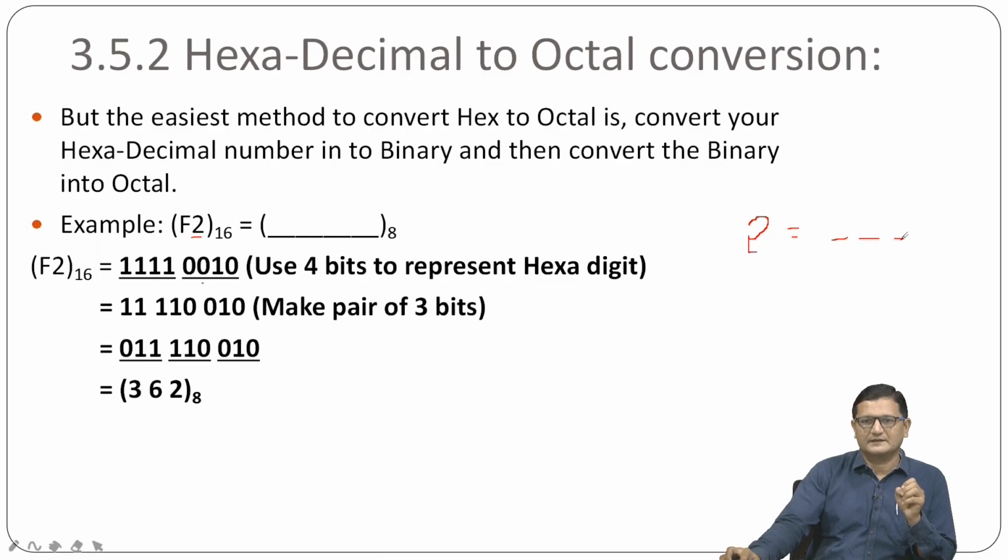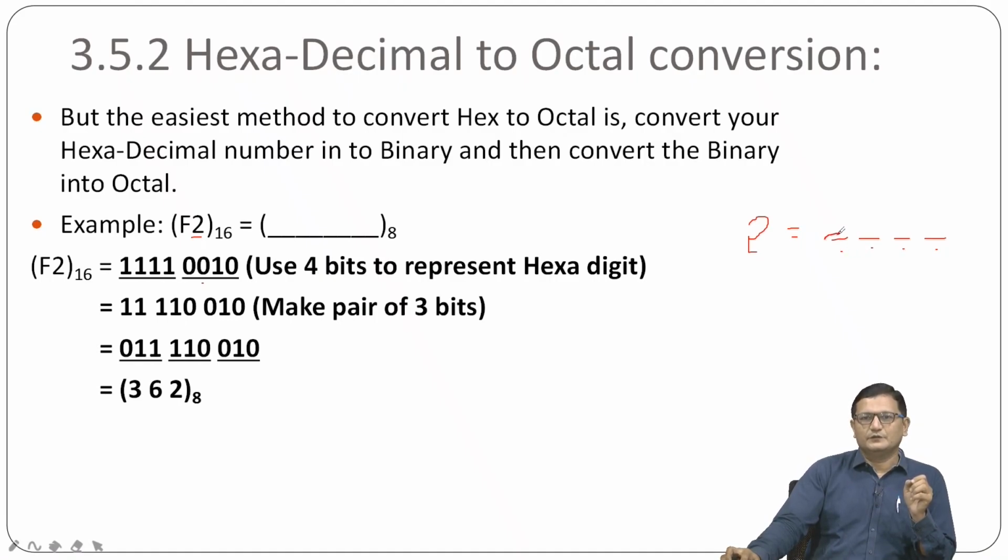So these are the 4 bits. The last bit will represent 1, the second bit will represent 2, the third bit will represent 4, and this will represent 8.